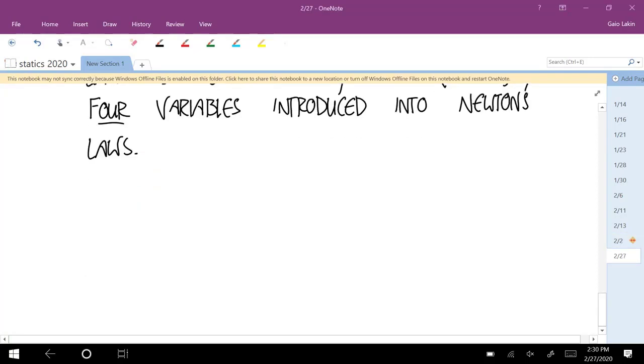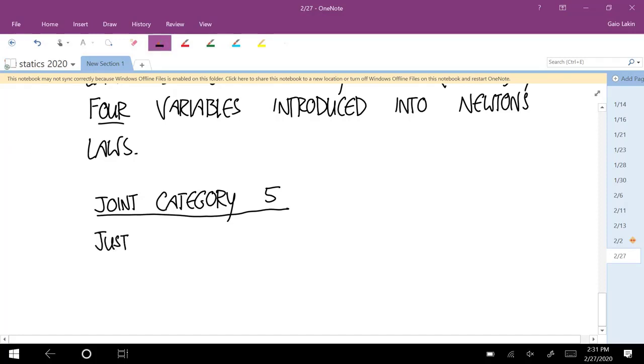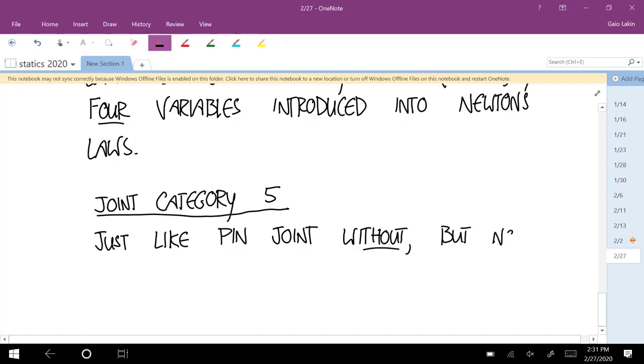So now let's go to joint category 5 that works the same. So joint category 5 is just like the pin joint without thrust, but now thrust is applied, is generated.